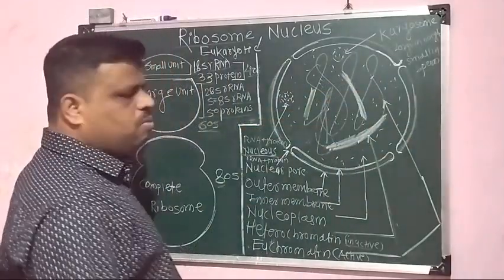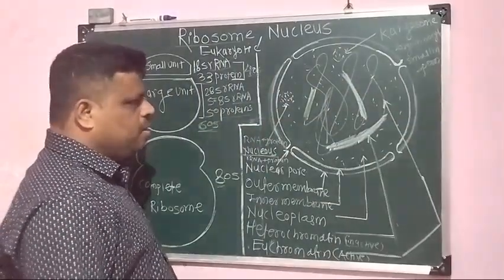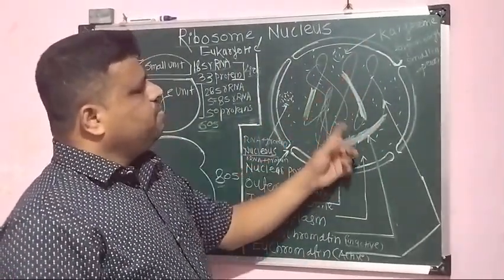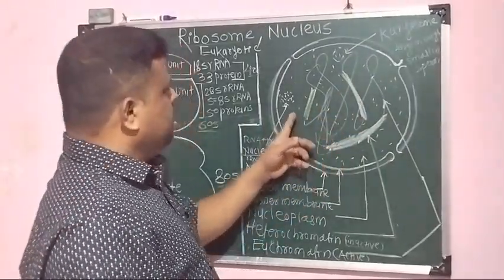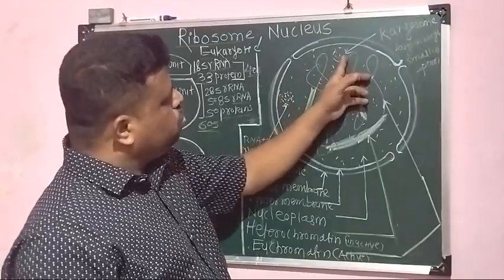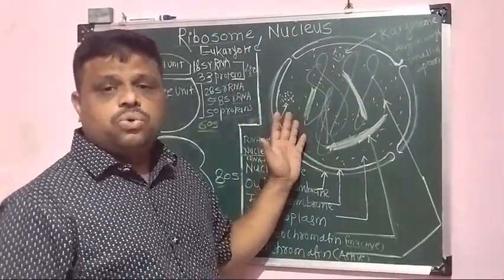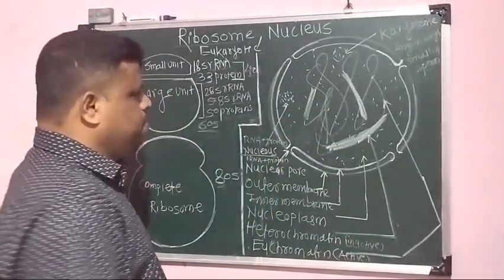This is interrupted by small openings, or apertures, called nuclear pores. Okay. This nuclear envelope encloses a network-like structure that is called the chromatin network, as well as the nucleolus, karyosome, and the viscous fluid called the nucleoplasm or the karyolymph. Okay.